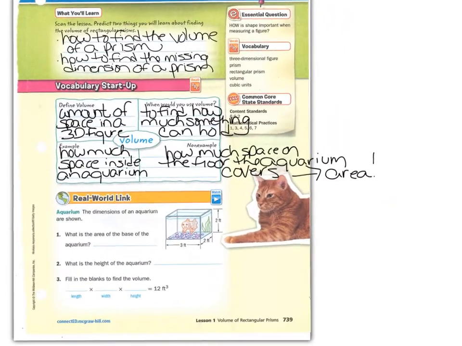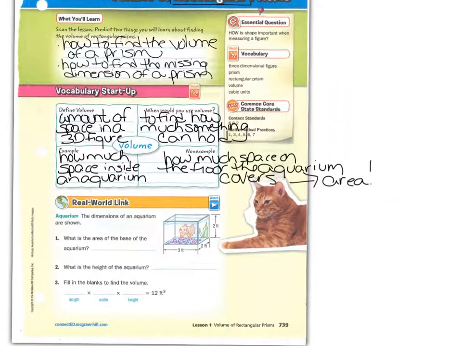So let's look at kind of a real world link. So here's our aquarium. You can see our aquarium right here with this pretty big fish inside. The dimensions are shown. You've got a base here that's 3 feet, another base that's 2 feet, and the height is 2 feet. So what is the area of the base of the aquarium?